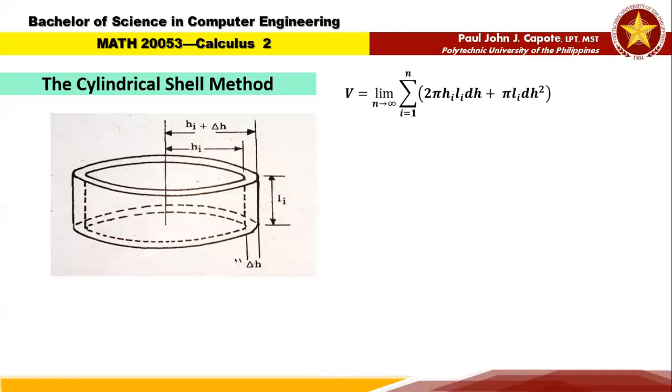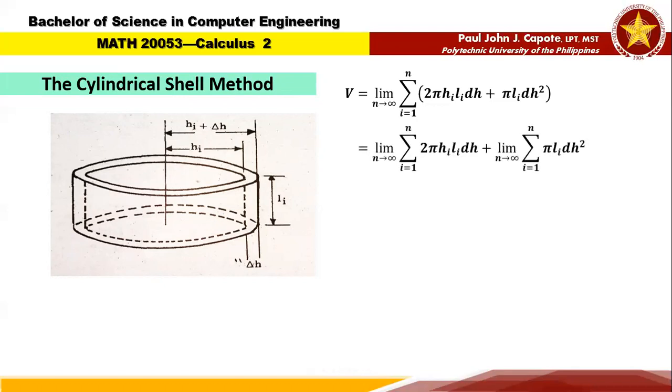Now, let's continue. So, volume is equal to the limit of the summation of the quantity 2 pi h sub I L sub I dH plus pi L sub I dH squared. Or again, this quantity that we are summing up refers to the difference in the volume of the outer cylinder minus the volume of the inner cylinder, where I starts from 1 and ends up to n, and n approaches infinity.